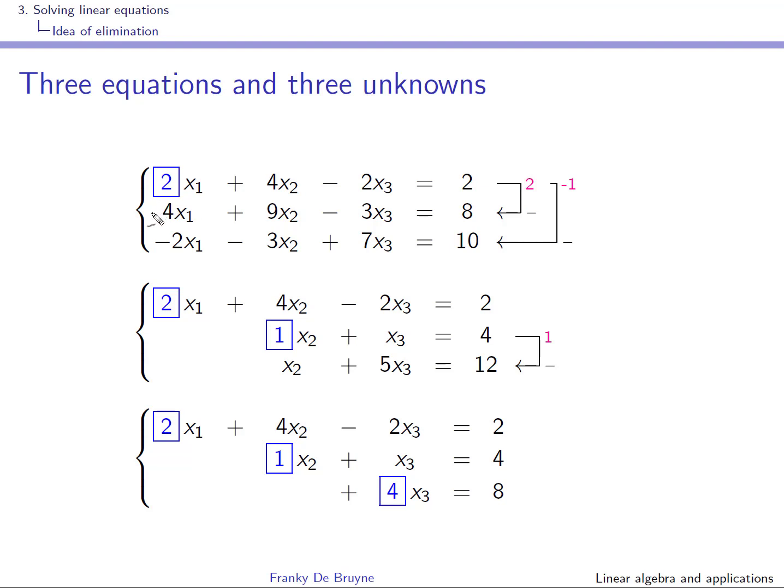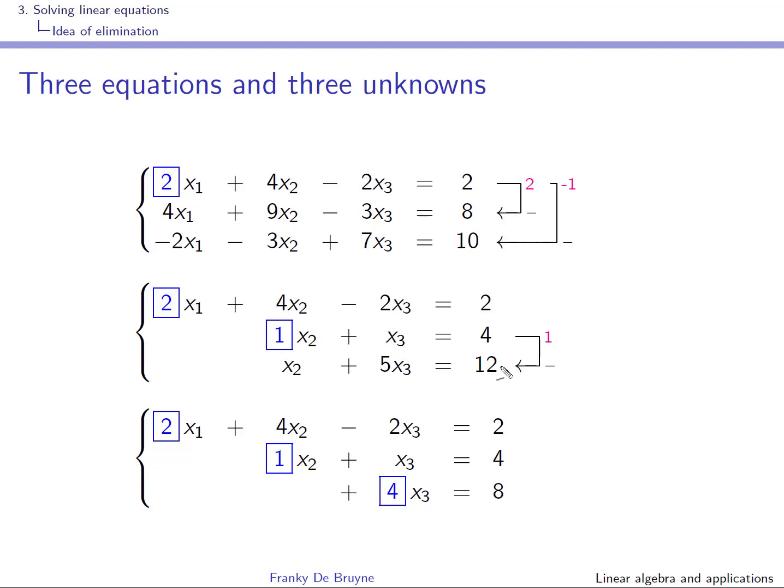Here you need to produce a 0 at this entry, so you need to take the entry divided by the pivot, it's a 2, and here you take the entry divided by the pivot and it's minus 1. And then what you do is take the third equation minus the first equation times this multiplier minus 1.